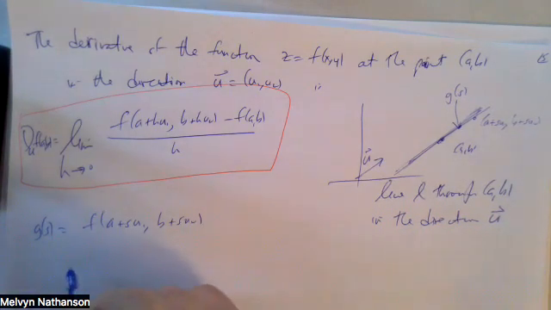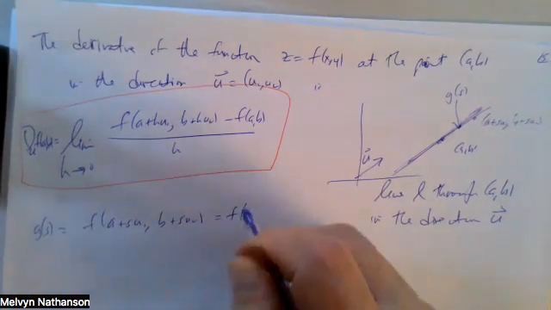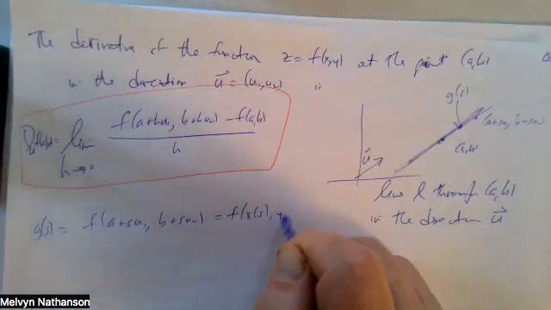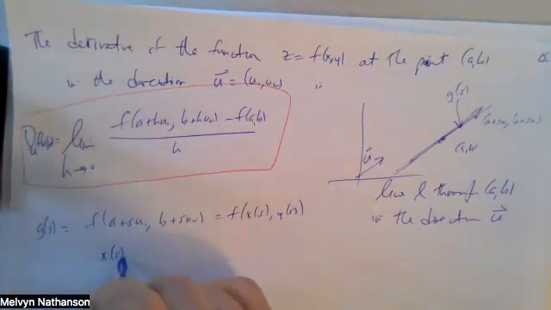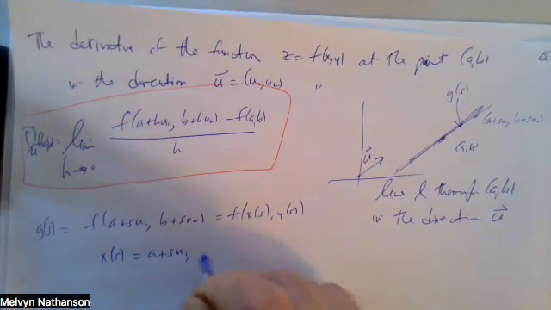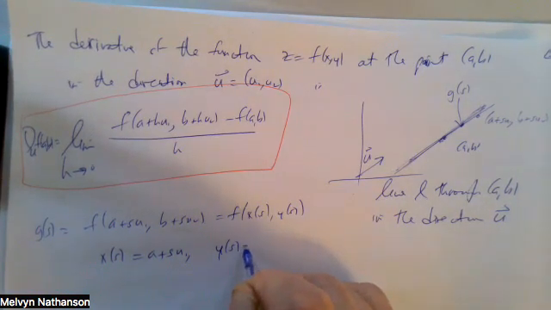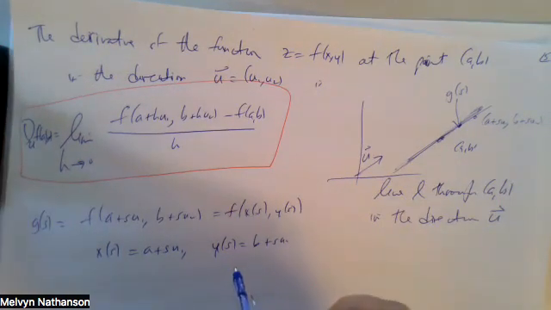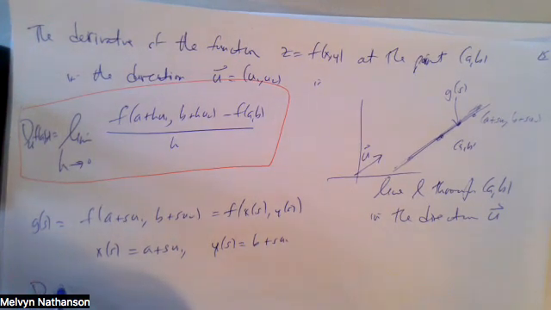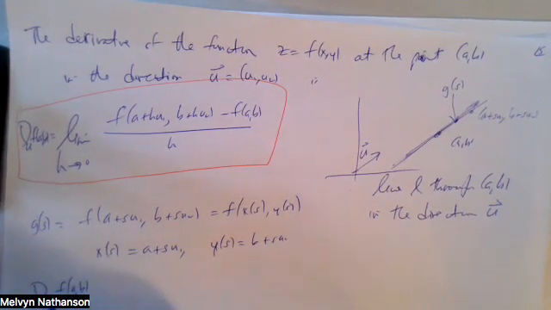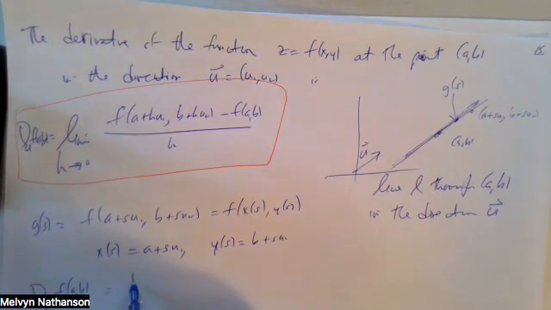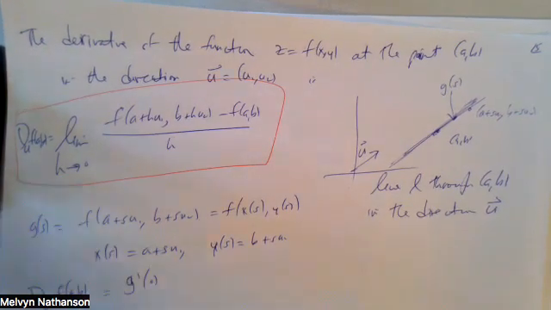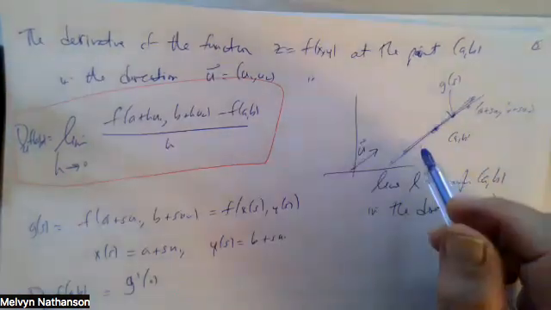So it's like we have f as a function of x of s and y of s, where x of s is a plus s u1, y of s is b plus s u2. And the derivative of the function f at the point (a, b) in the direction u is exactly the derivative of g at s equals 0. It's the rate of change along this line.